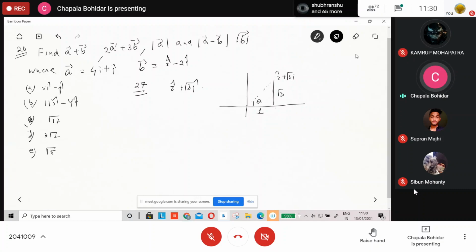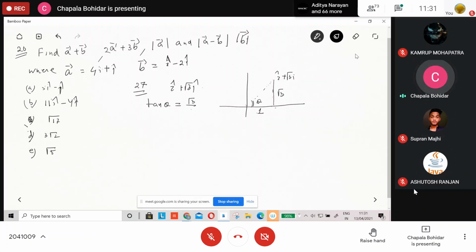So now what you will do? Tan theta is equal to, it is given to you, root 3 and 1, perpendicular over base.